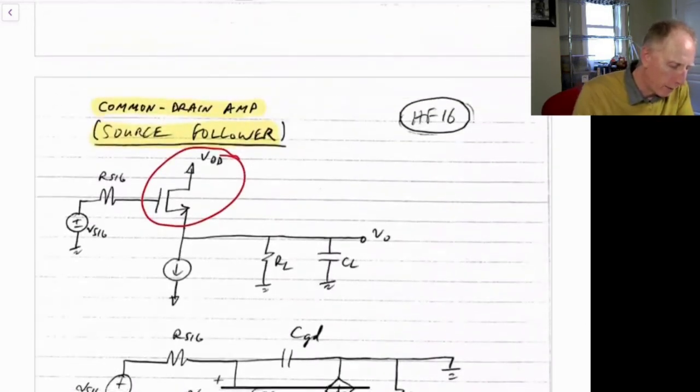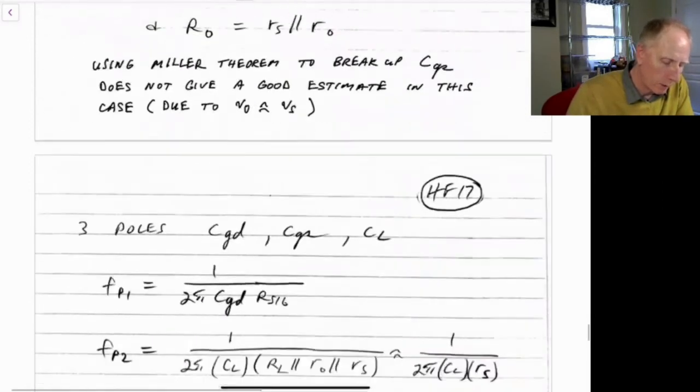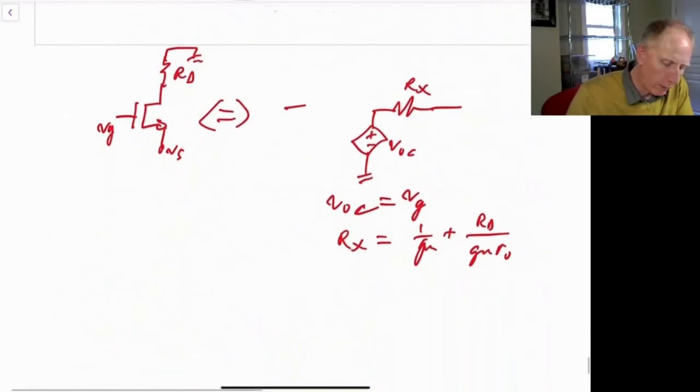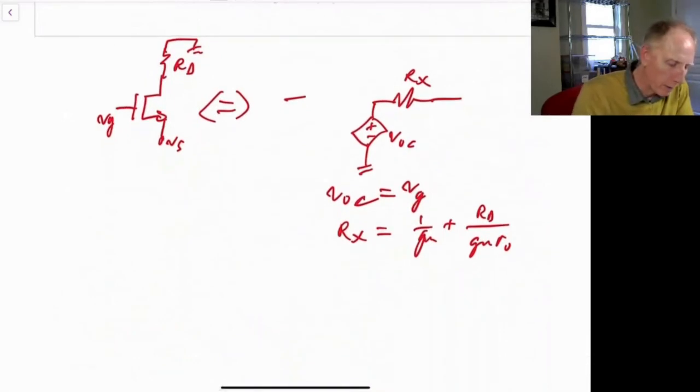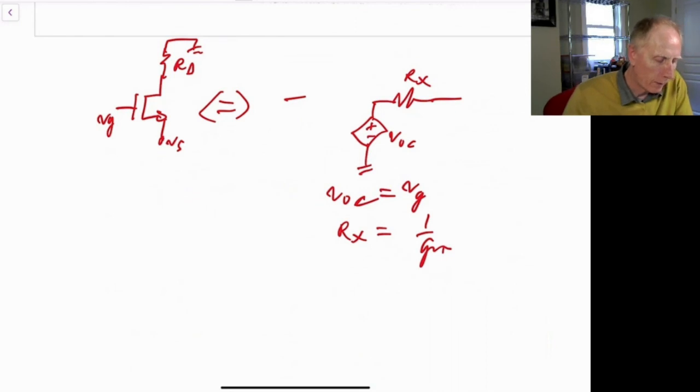Now in the case that we're looking at, RD is equal to 0 because there is no RD placed in this. So RD is equal to 0, and we can ignore this term. It goes to 0. So Rx just becomes 1 over Gm of the transistor, and that becomes our model.